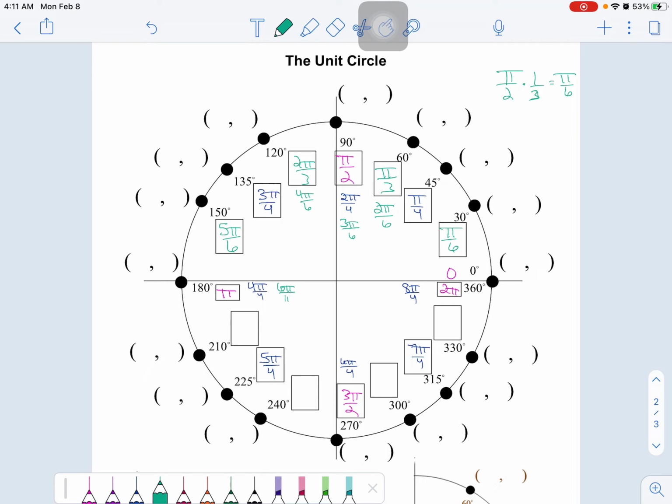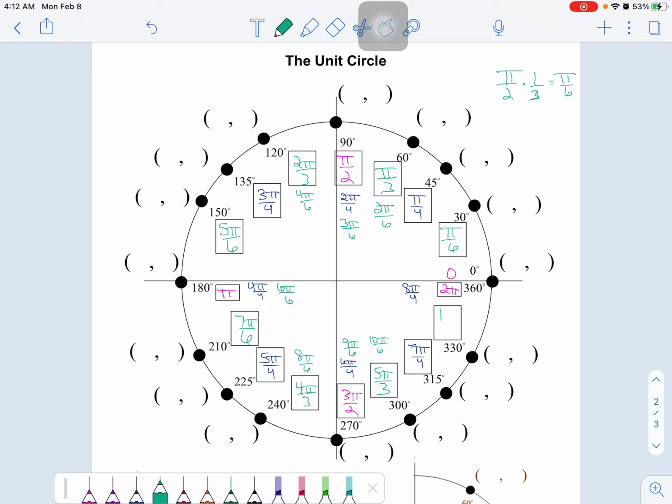6 pi over 6 is already reduced to pi. Let's see, 7 pi over 6 is 210. 8 pi over 6 is 4 pi over 3. 9 pi over 6 reduces to 3 pi over 2. 10 pi over 6.